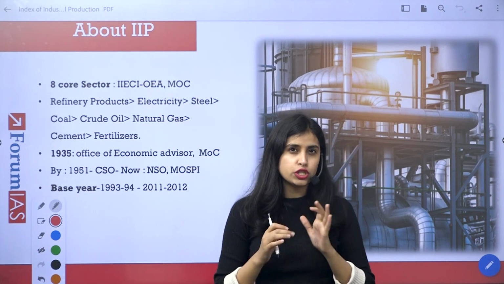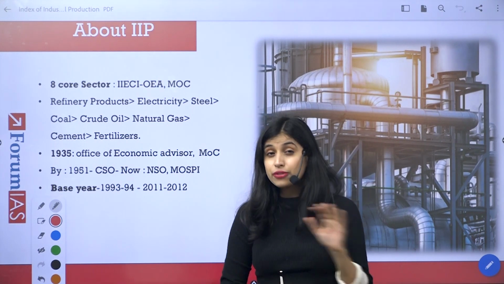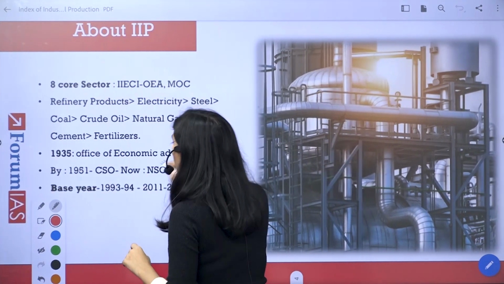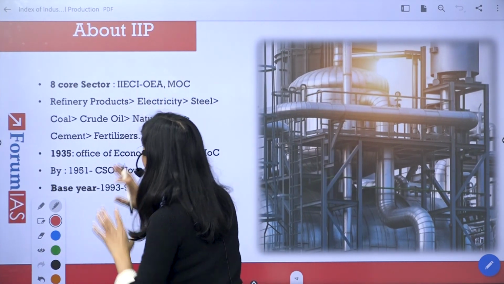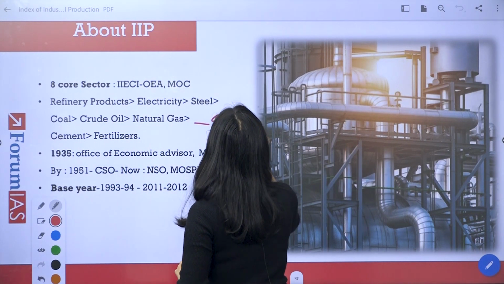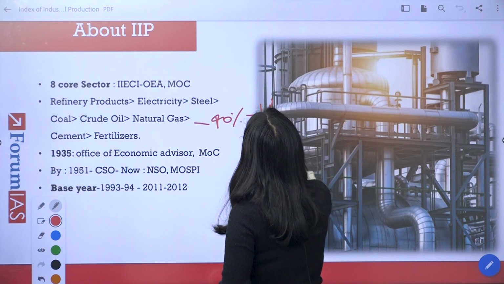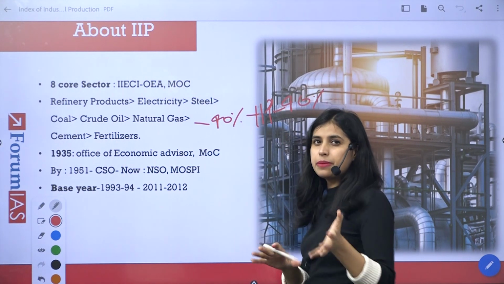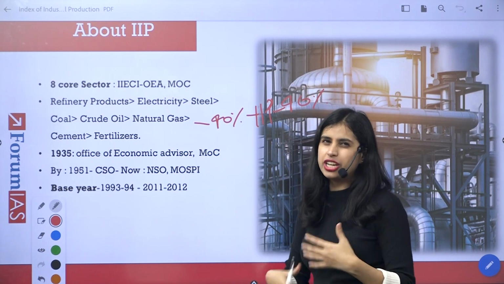Now this constitutes the 8 core industries. Once you've understood this, remember in the IIP, out of 100, the 8 core industries constitute 40% of the weight of the IIP. IIP is made up of 40% of 8 core industries. The remaining 60% goes to other industries.